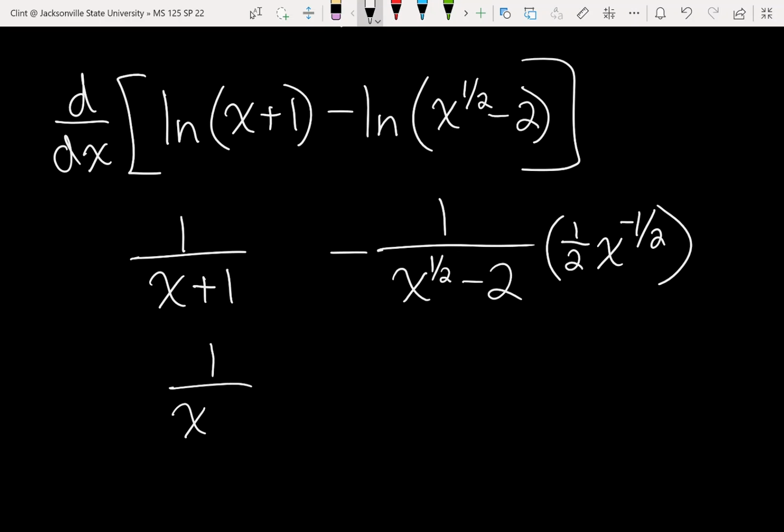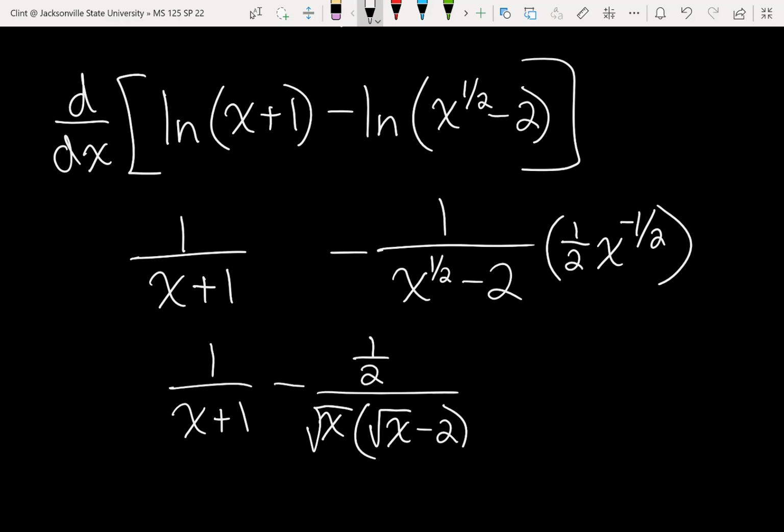Let's see. So we have a half on the top, so we get a complex fraction, and then we have square root of x times square root of x minus 2 in the bottom. We could get rid of the complex fraction if we had to.